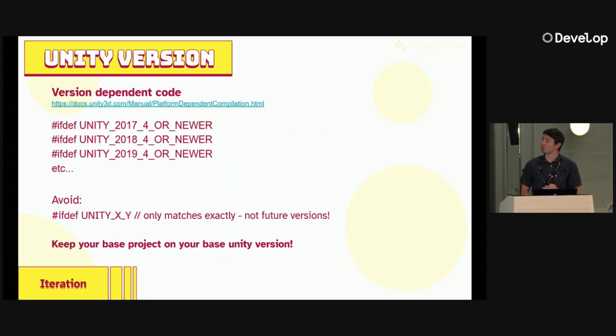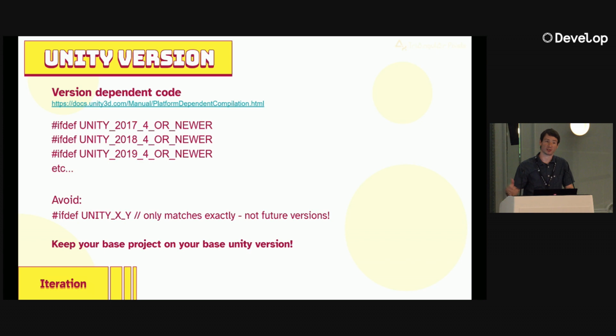If you are going to be handling multiple versions, here's a small reminder of these very helpful X or newer macros, which let you smoothly use features that are not available in earlier Unity versions. Do be careful of the trap, the very tempting X of Y version of the macros, which only match a specific Unity version. That makes them very good for working around a specific bug in that version, but it does mean if you're trying to add a feature that you want for all newer versions, you want the X or newer version.